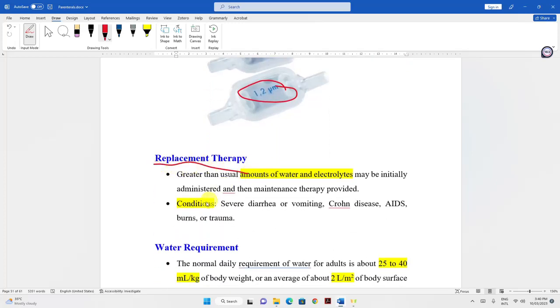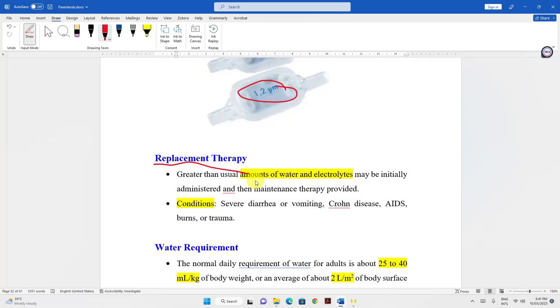Replacement therapy, again, is used when we want large or unusual amounts of water and electrolytes, and the condition is when the body has lost a lot of electrolytes, a lot of energy, a lot of fats, a lot of carbohydrates.